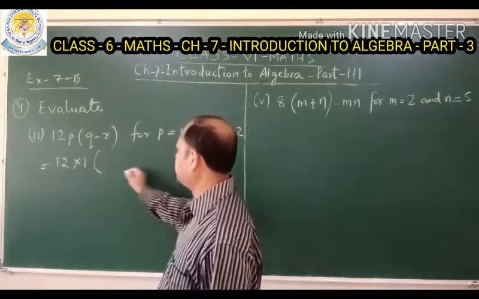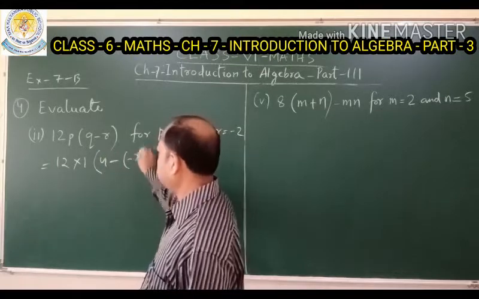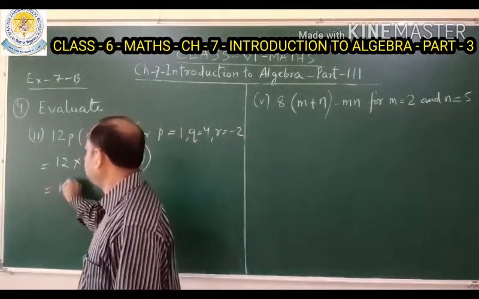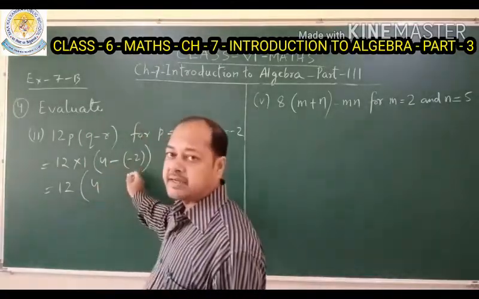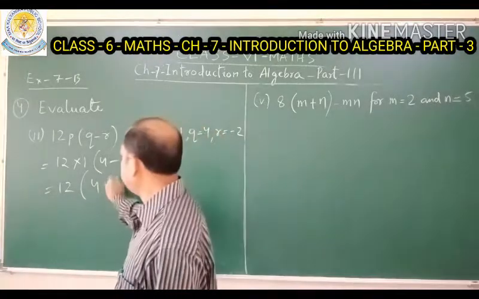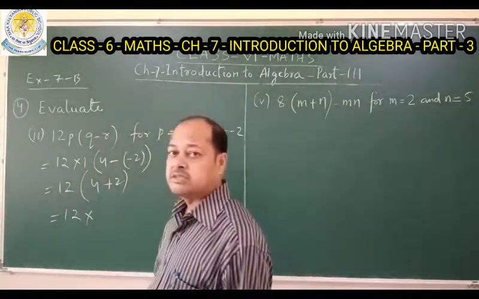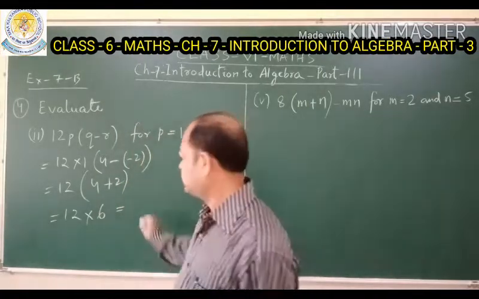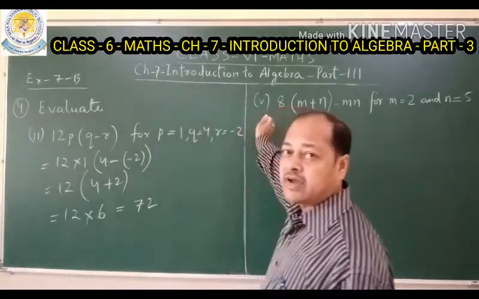That is, q value is 4 and minus r. So r is minus 2. So minus of minus 2, then bracket close, equals 12 into 1 is 12. So inside the bracket 4 minus of minus, I already told you what minus of minus will be, plus. So 4 plus 2, that is equal to 12 into 4 plus 2 is how much? That is 6. So 12 sixes are 72.